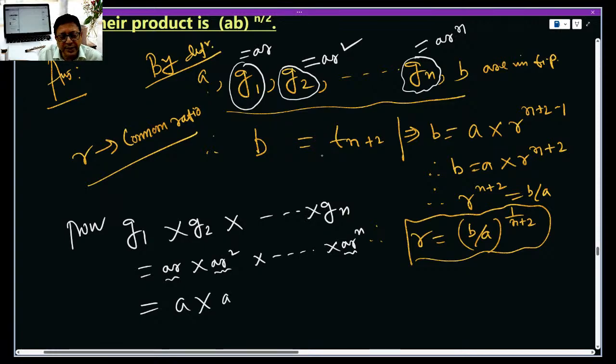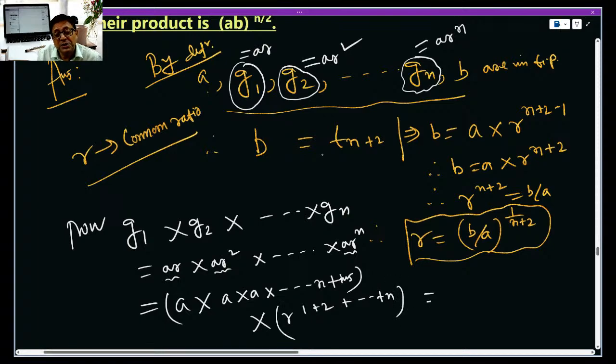So A into A into A, this way we will get A n times, multiplied by R, R square, R to the power n. They are multiplied, which means indices will be added: 1 plus 2 plus n. So this is going to be what? A n times, their product will be A to the power n, and R to the power this thing will be n into n plus 1 by 2. Isn't it?